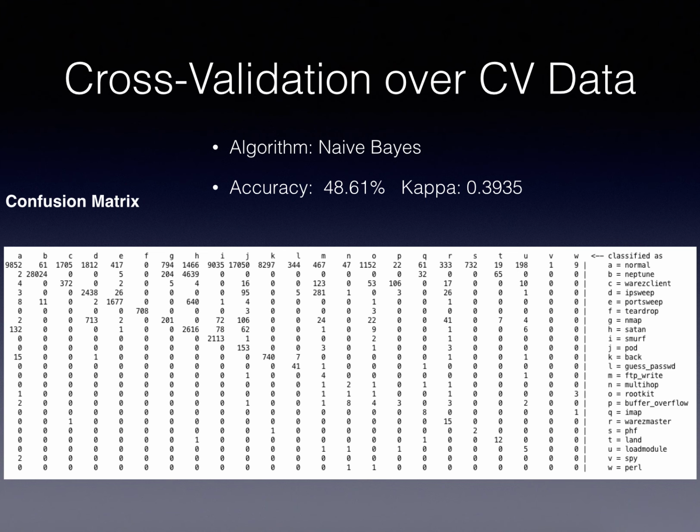We get an accuracy of nearly 50% with a kappa of 0.4, and you can see the confusion matrix as shown here. From the confusion matrix, we can see directly that most errors occur in the normal class, where the connection is actually normal but we misclassified it as different kinds of attacks. We may go deeper into this problem in the next step.